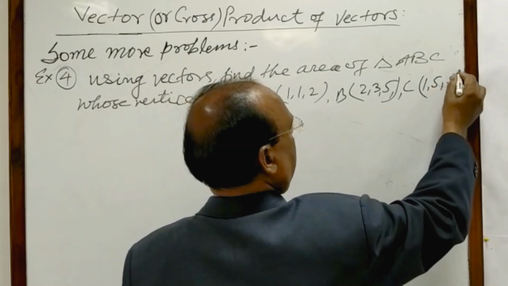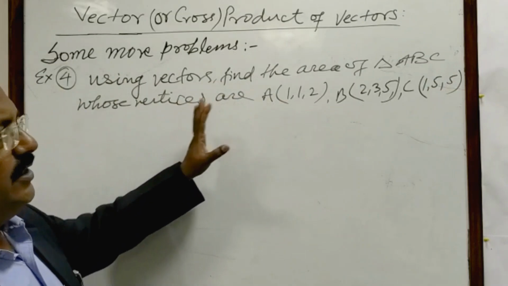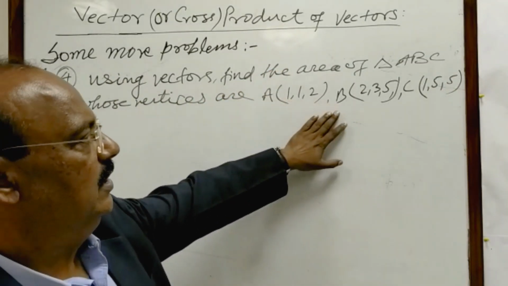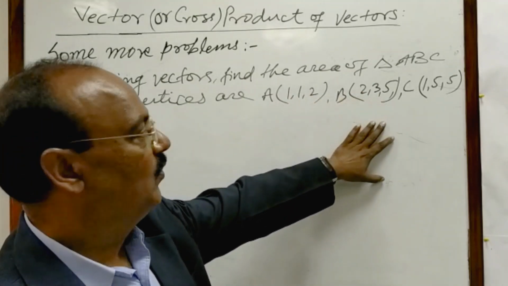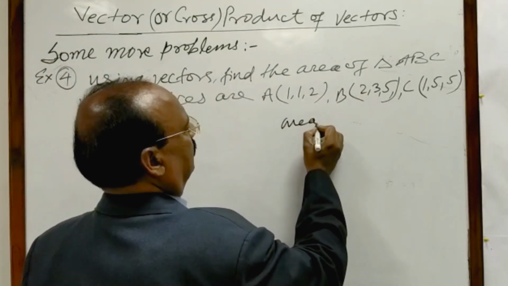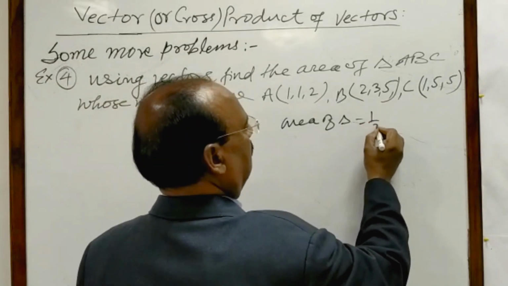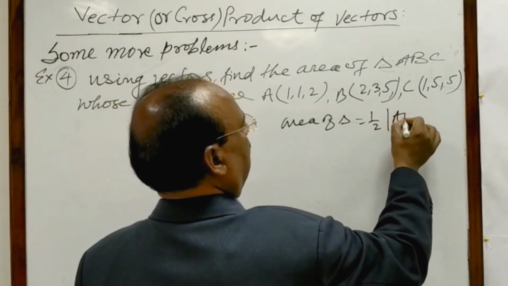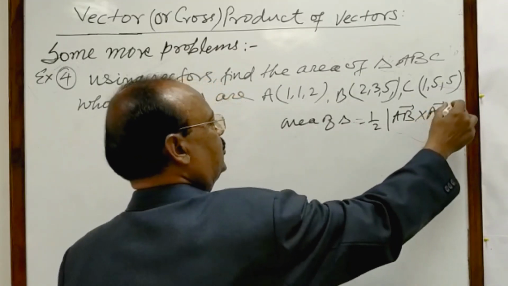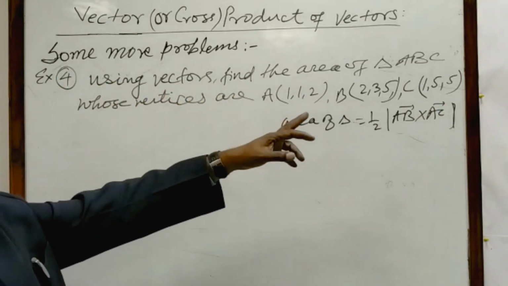So for the solution, for getting the area of this triangle, let us first of all find vectors AB and AC, because you know that the area of a triangle is equal to half of the product of two consecutive sides, magnitude of AB cross AC. So how to get AB?